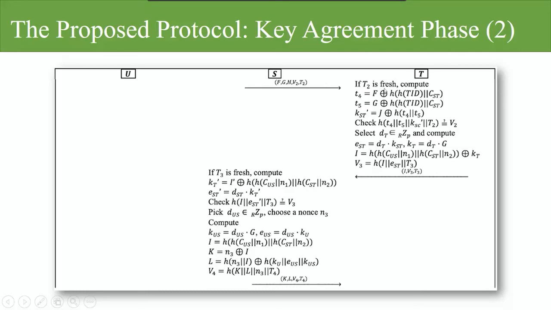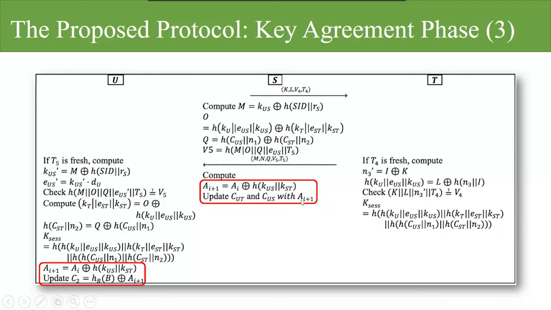If T2 is fresh, compute T4, T5, KST, check whether this hash value is equal to V2, select D2, and finish all these computations, and then transmit this value to the server S.